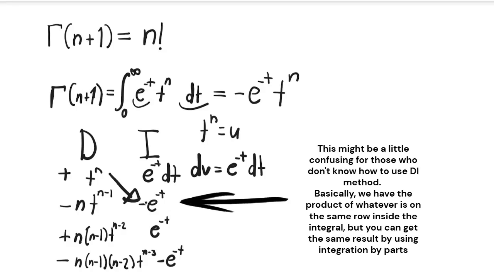And if you notice this, here we will have gamma again, but only gamma of n.